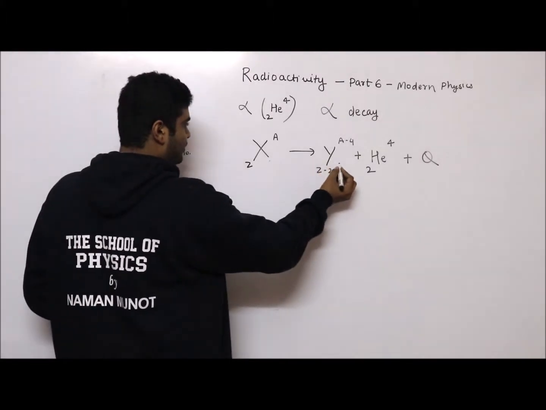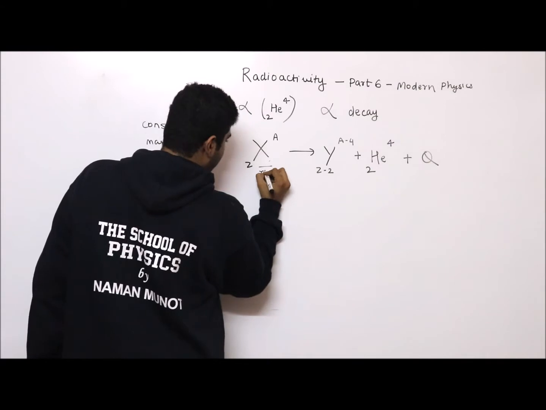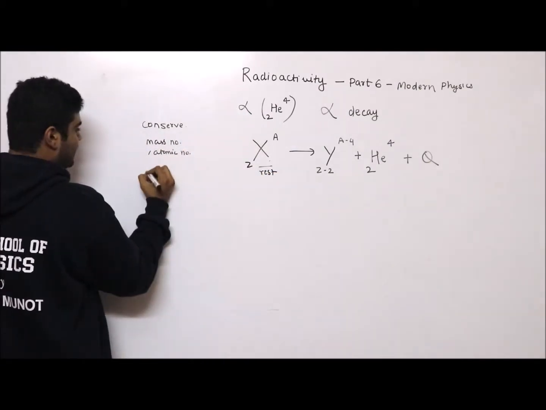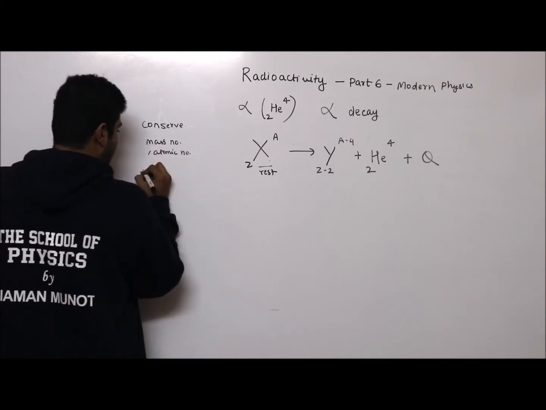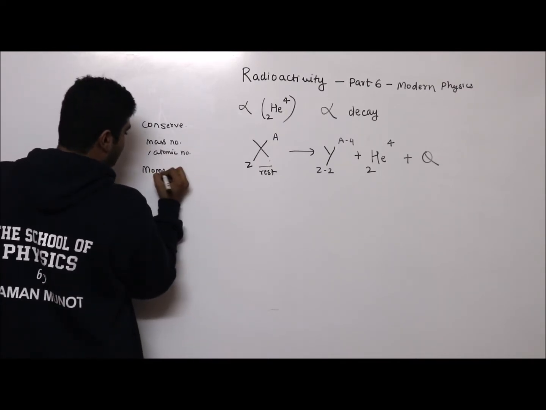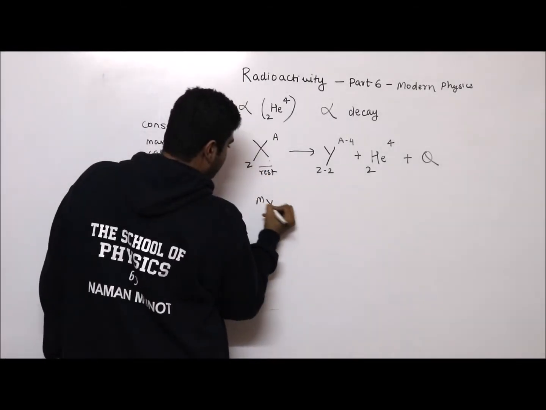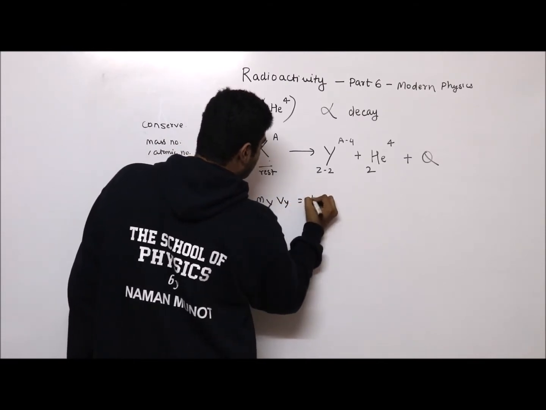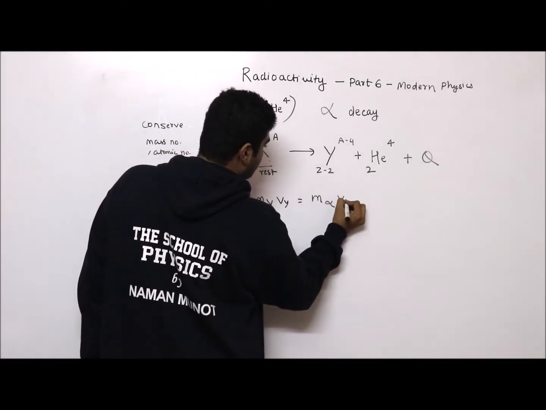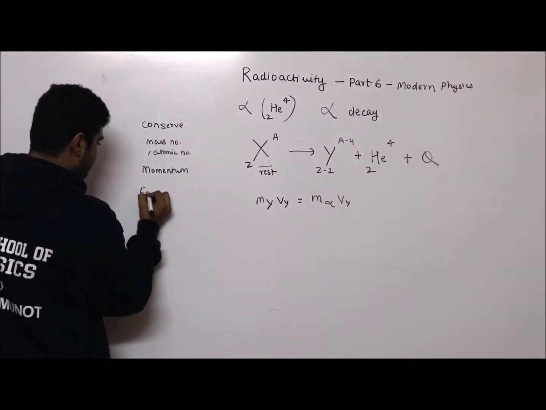Suppose initially this was at rest. Another thing that we conserve in nuclear reactions is momentum. So conserving momentum, my into Vy is equal to m alpha into V alpha. And we also conserve energy.